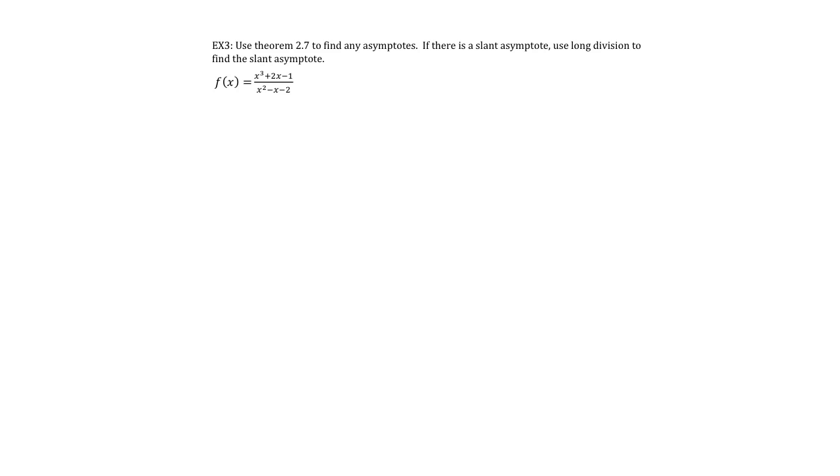So by the theorem, I could see right away that since the degree on the top is larger than the degree on the bottom, there is no horizontal asymptote. But 3 is 1 more than 2. So there is going to be a slant asymptote.